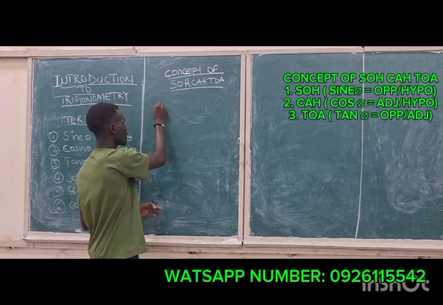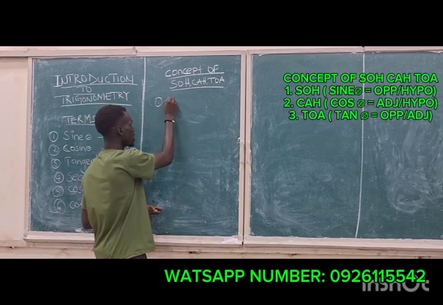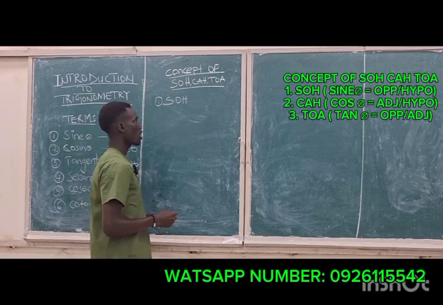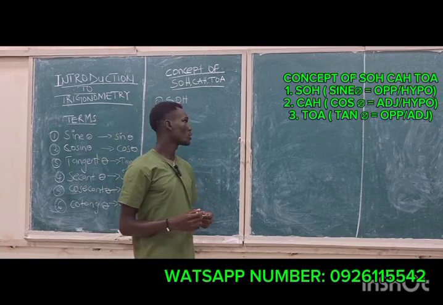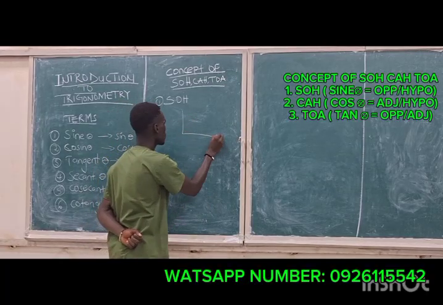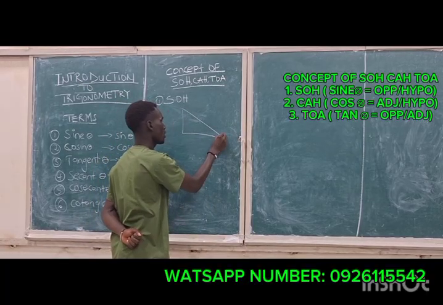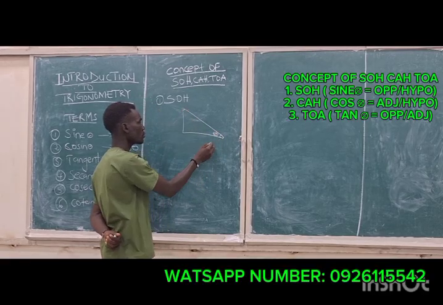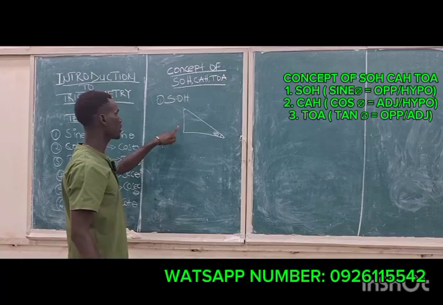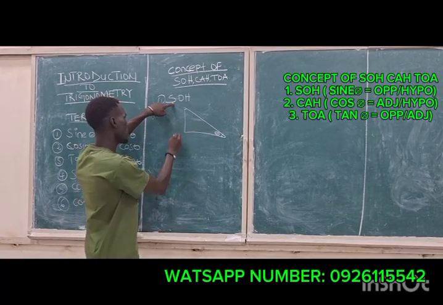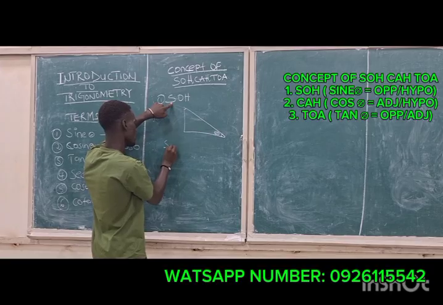Let's start with the first one, which is SOH. We break it down. When we draw a right angle triangle like this, we have our angle here, theta. If this one is SOH, this S here will stand for sine.